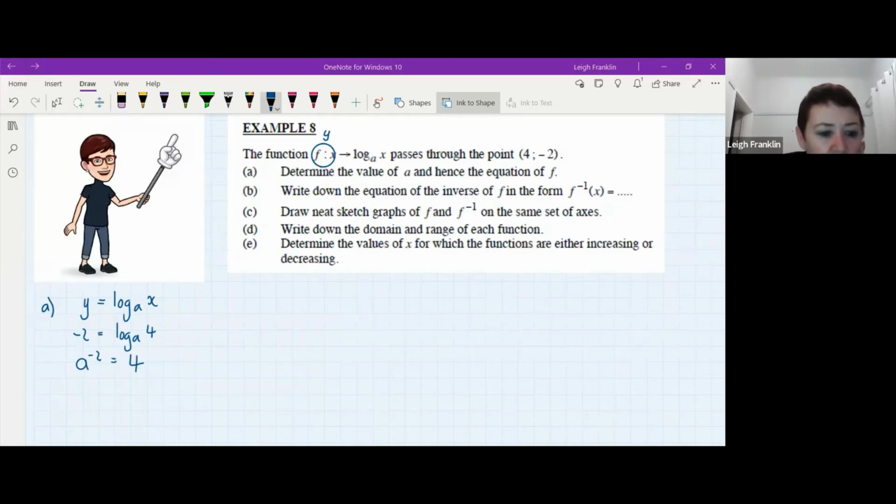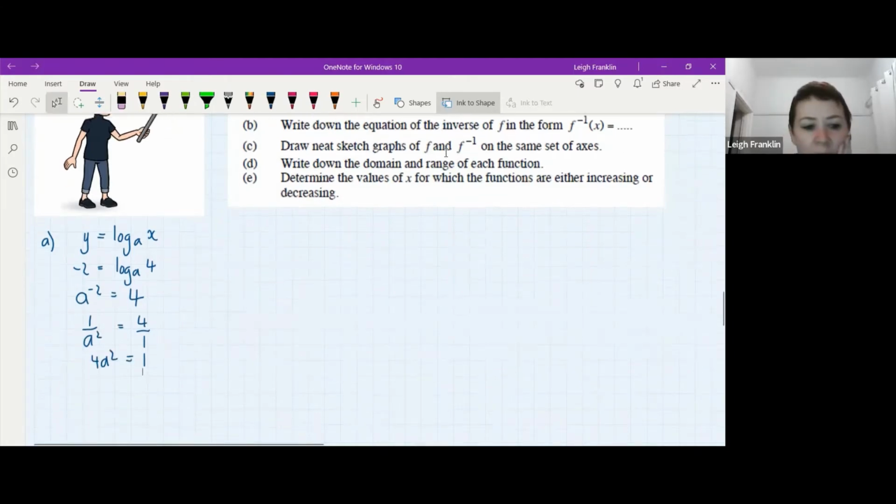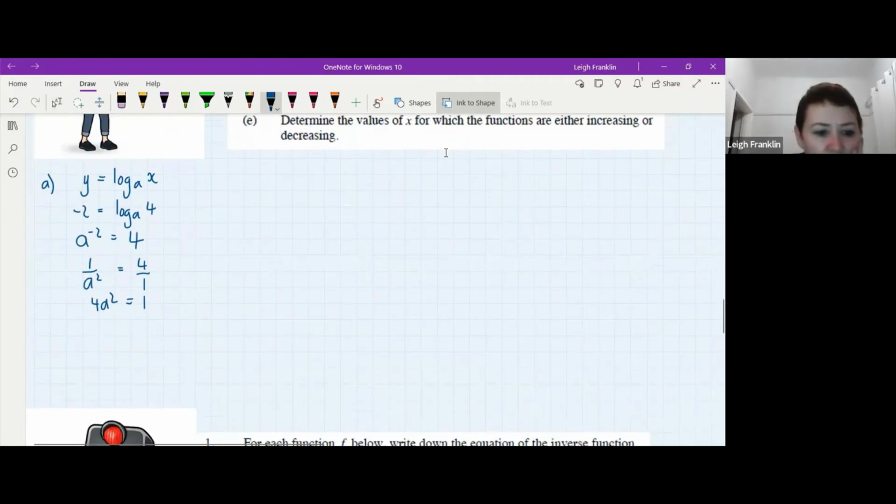All right, so now we can write this as 1 over a squared is equal to 4 over 1, and then we can cross multiply, so that gives us 4a squared is equal to 1, and then we divide both sides by 4, so a squared is equal to 1 over 4, and now we need to take the square root. But remember, a was our base.